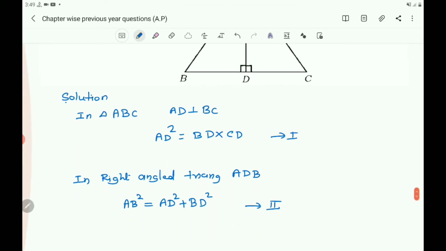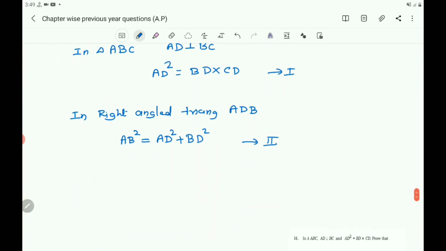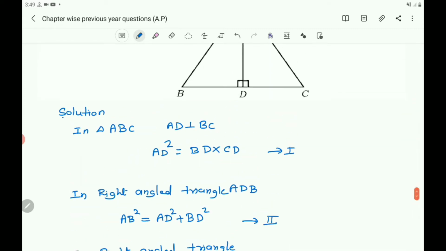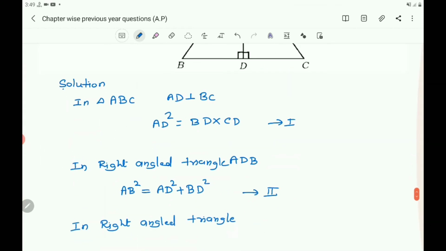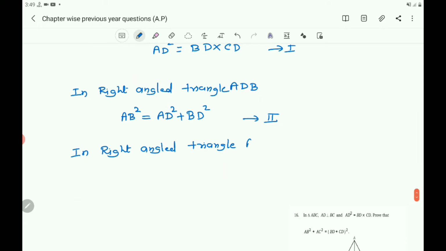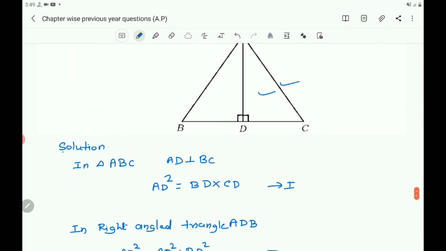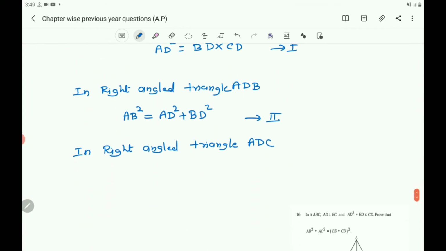So in right angled triangle ADC, that is AC square equals AD square plus CD square, right?